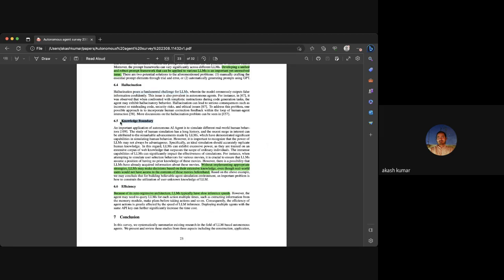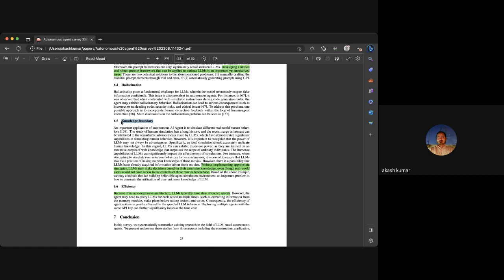Next, they talk about knowledge boundary. So this is a very interesting point here. They're highlighting, let's say you are using LLM agents to simulate a population. Now the thing is that an LLM in general has much more knowledge than the person they're trying to imitate.